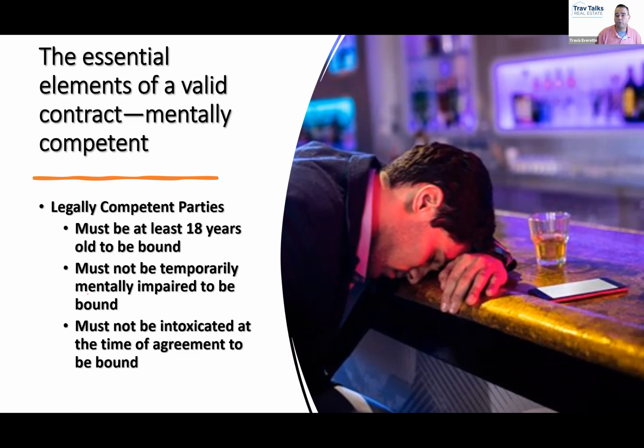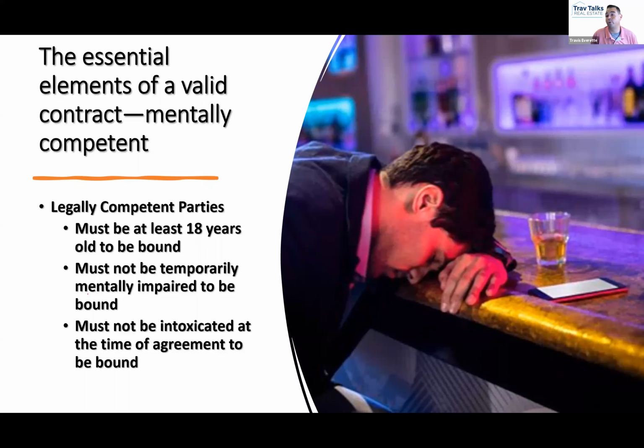It would also include people who are having mental issues but have not been declared mentally incompetent. These would all be up to a judge to decide. These are not for us to decide. These are just reasons why a judge might say someone was not mentally competent at the time. If a judge decides any of that, then we do not have a valid agreement.